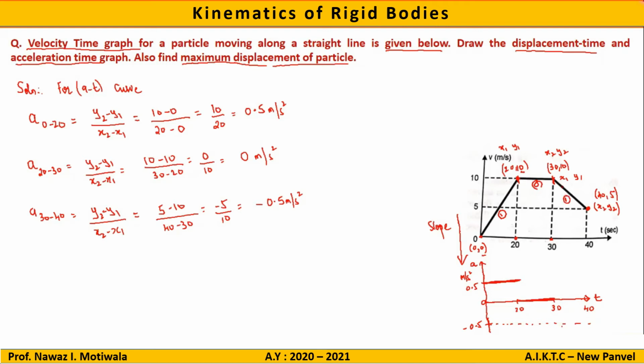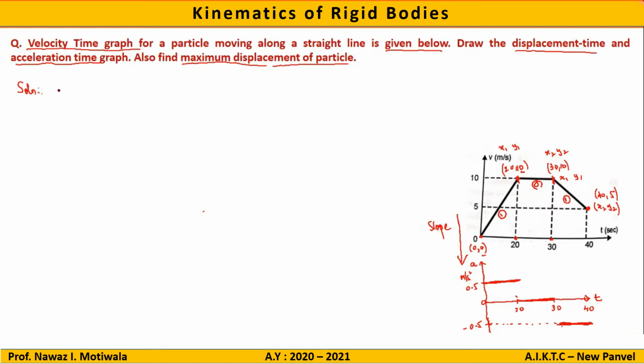So if the degree is 1 here, the degree should be 0 here between 30 to 40, having a value of minus 0.5. So this is nothing but your AT curve, wherein between 0 to 20 the value is 0.5, between 20 to 30 the value is 0, and between 30 to 40 the value is minus 0.5.